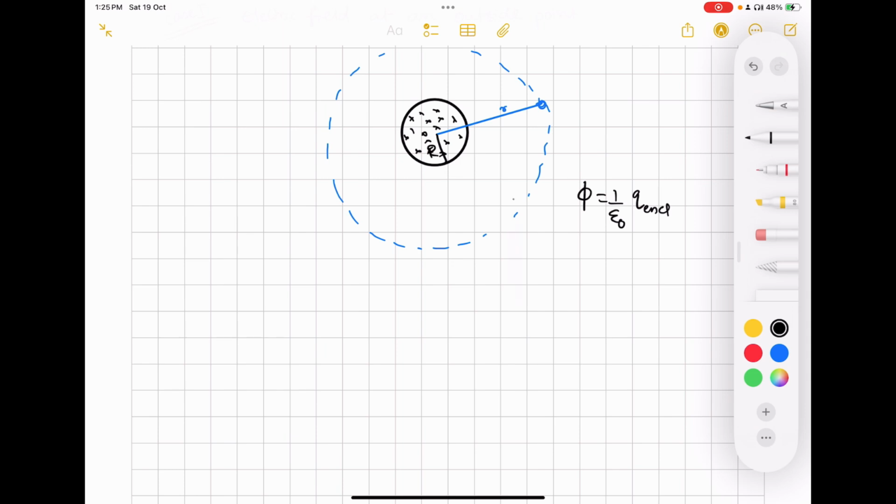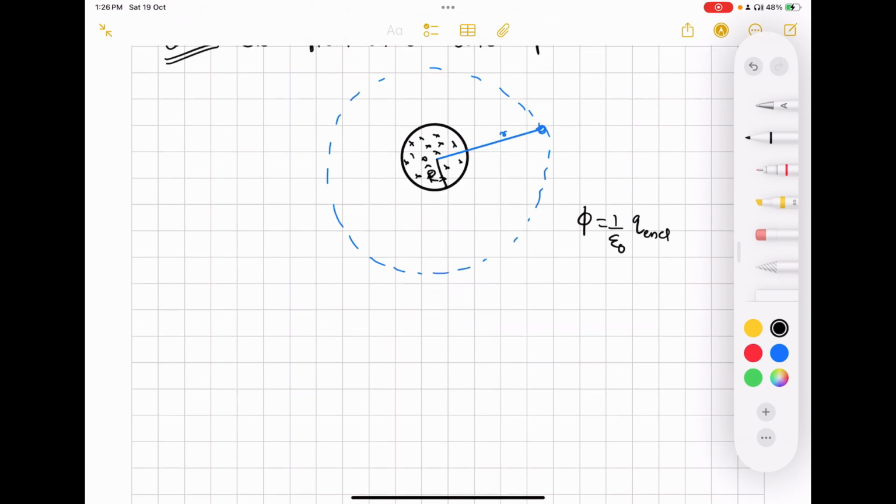So what is the net charge enclosed by the Gaussian surface? The Gaussian surface is bigger than the non-conducting sphere, so the entire charge contained in the sphere is enclosed within the Gaussian sphere.